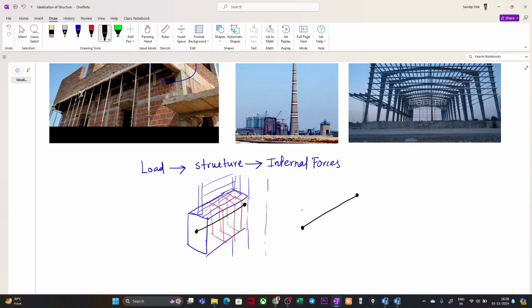So we consider a uniformly distributed load, because the brick wall has uniform thickness and uniform height. We consider it as a uniformly distributed load over this line element, and this load is equivalent to the load which this brick wall will be putting on this beam, right? So here is my load, as a uniformly distributed load.